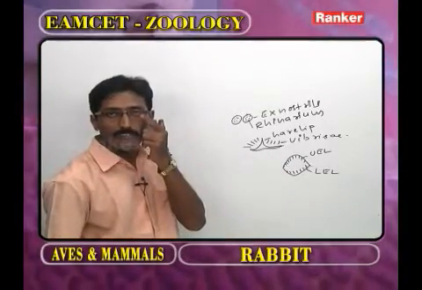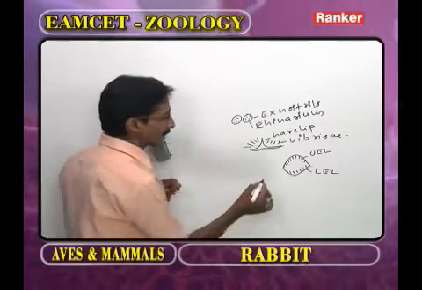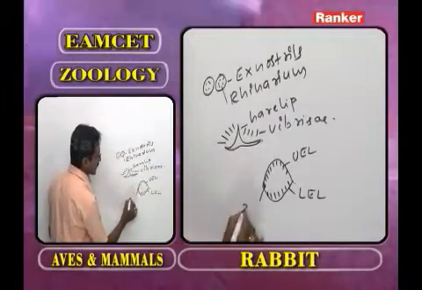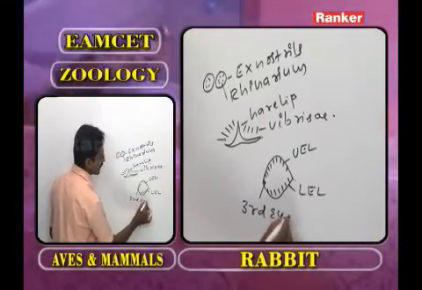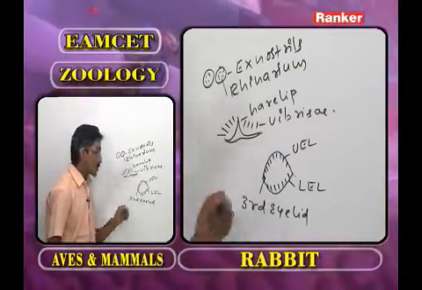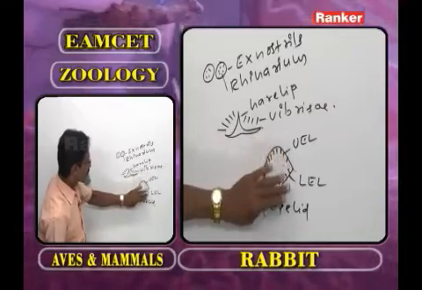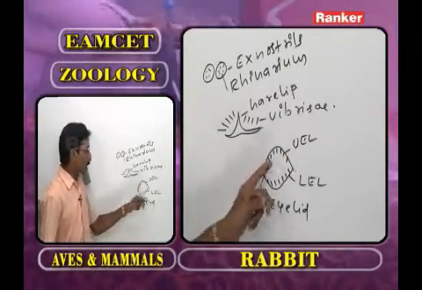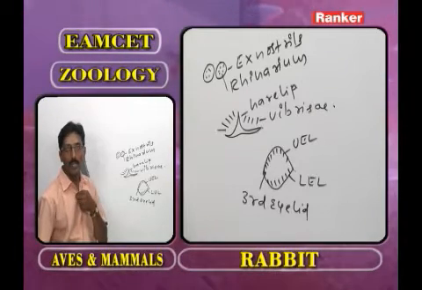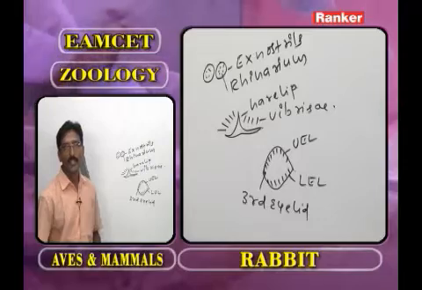Now at the anterior corner, what is present? The third eyelid. The third eyelid does not possess eyelashes. The third eyelid moves forward, backward and protects the eyeball against the dust particles. But in our body, the third eyelid nictitating membrane is vestigial.